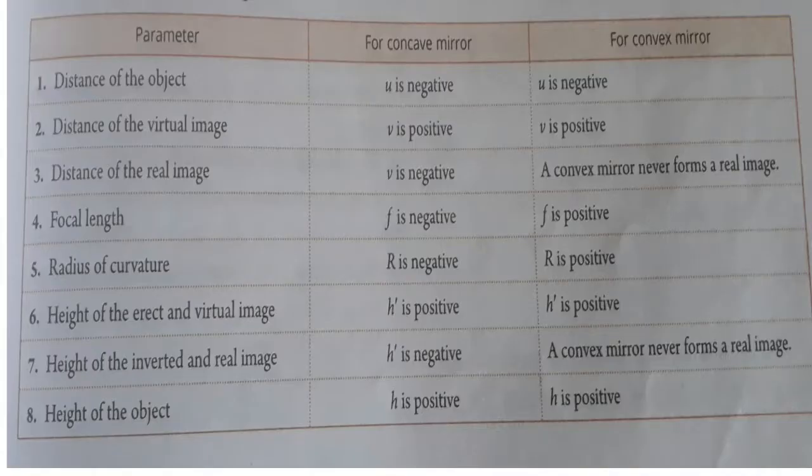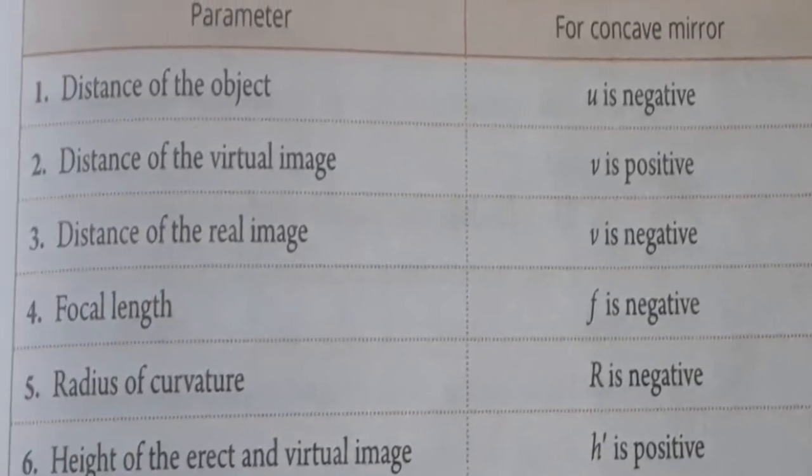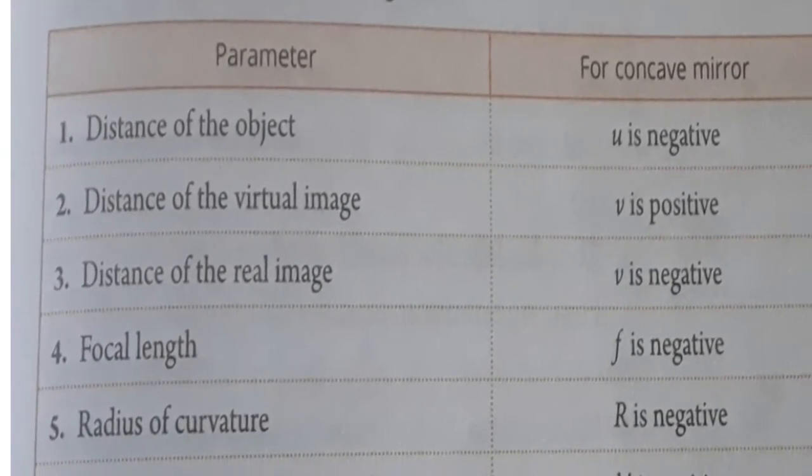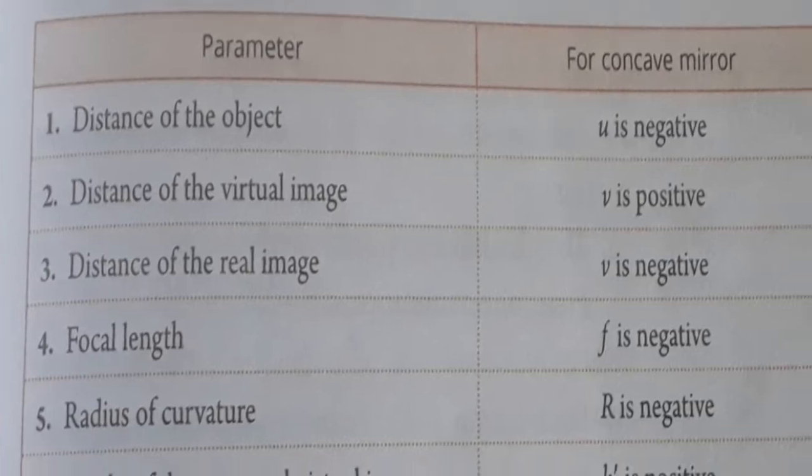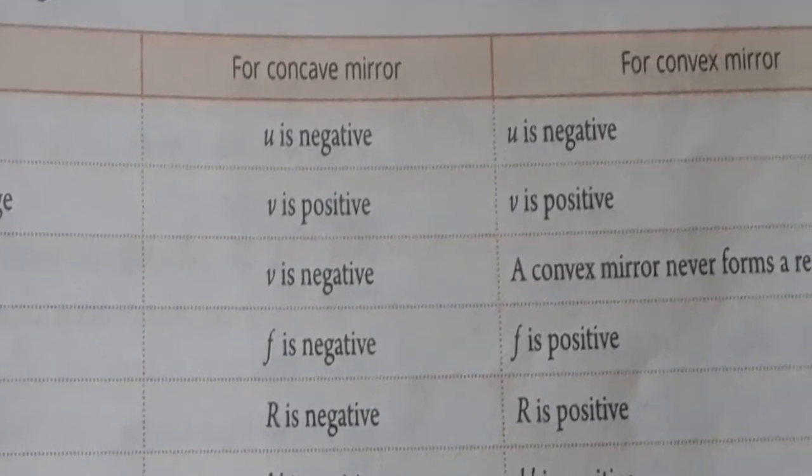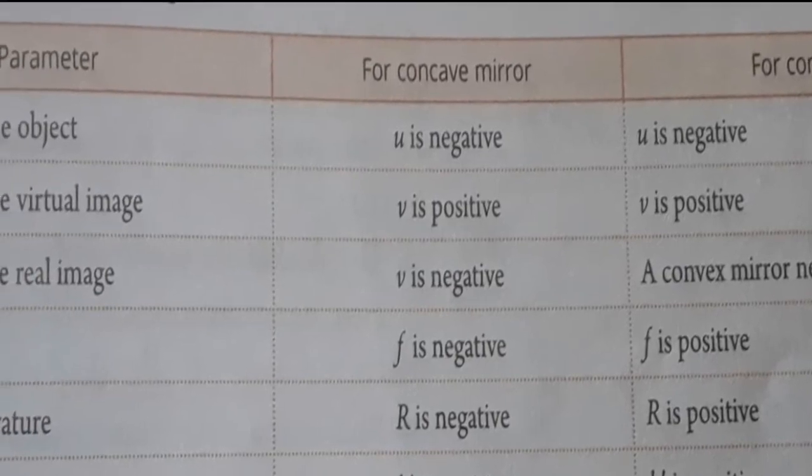In this sign convention you have to keep this in mind. The distance of the object, u, for a concave mirror is negative, and for a convex mirror also negative.